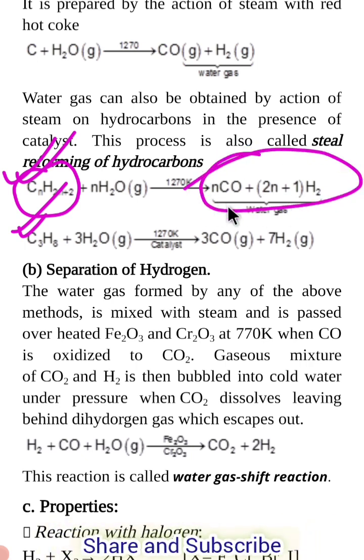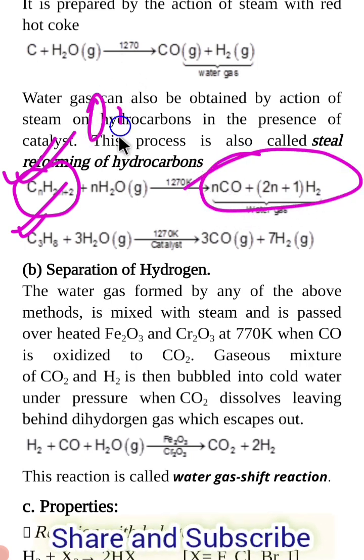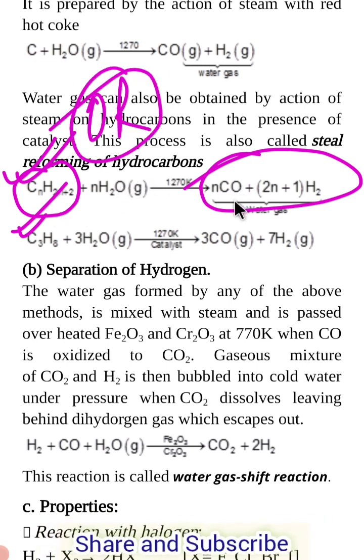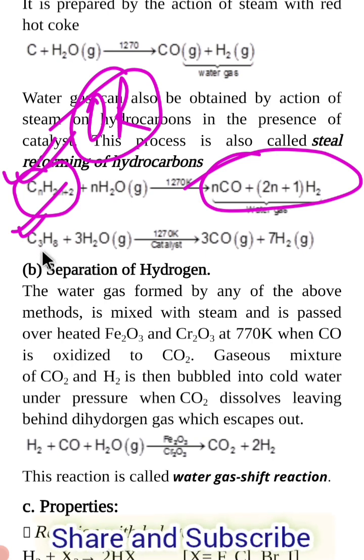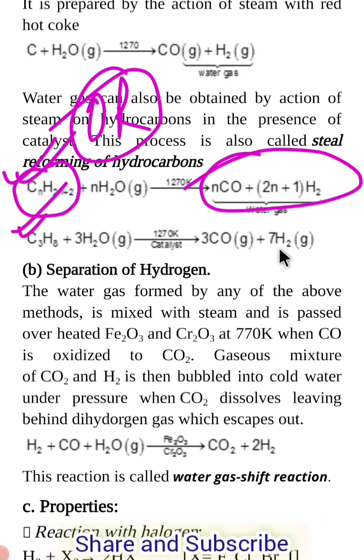We will obtain a mixture of carbon monoxide and hydrogen. In this case also, this is an alternative source of carbon monoxide and hydrogen gas. Here is an example: methane, or propane. Propane is reacted with steam, and water gas is formed.